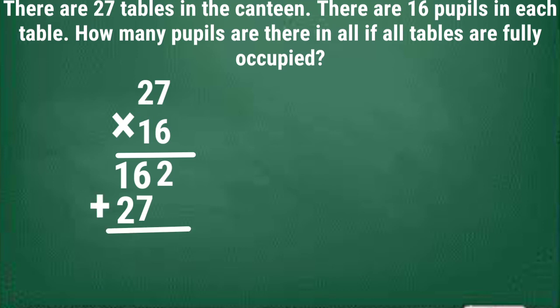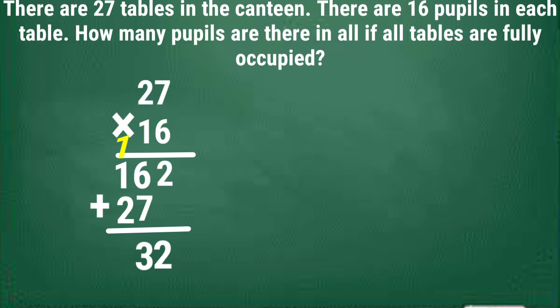If you are done multiplying all the digits, then it's time for you to add all your subproducts. So here, bring down 2. 6 plus 7, that is 13. Bring down 3, carry 1. You're going to put 1 above the next digit to add.